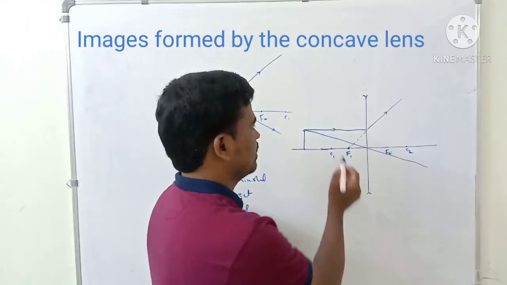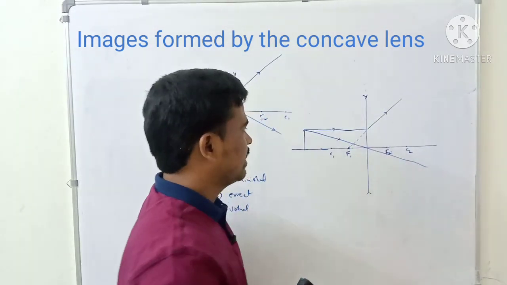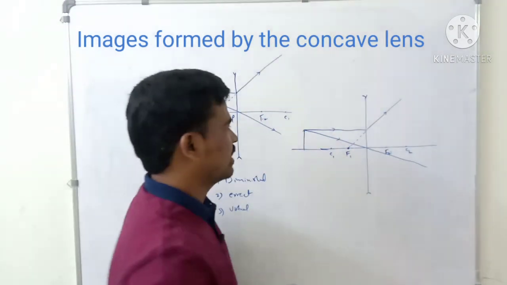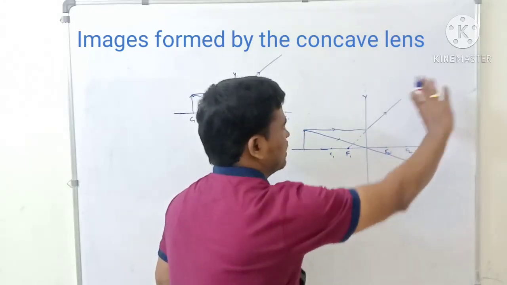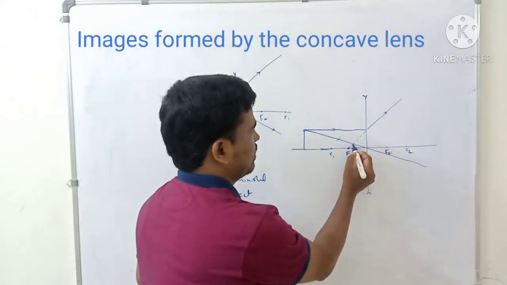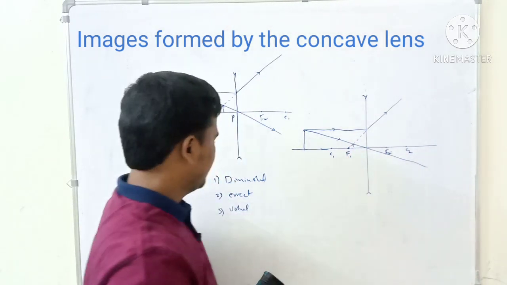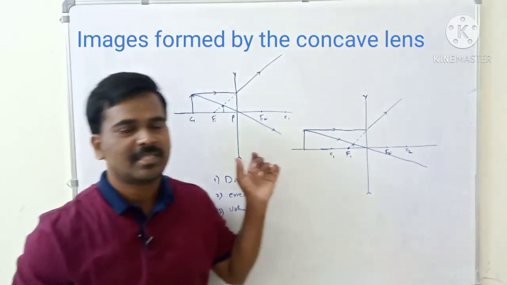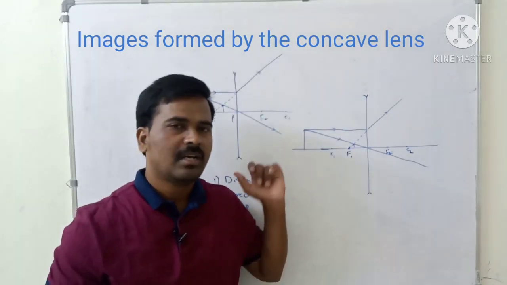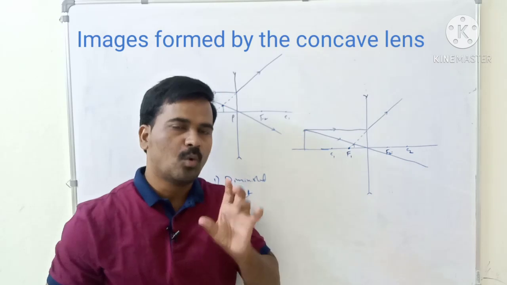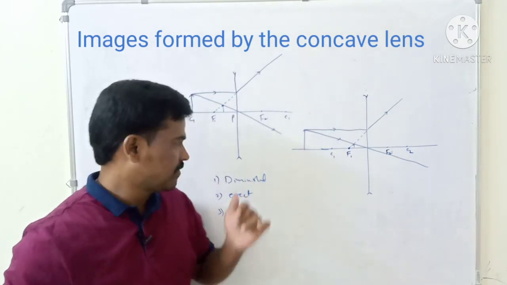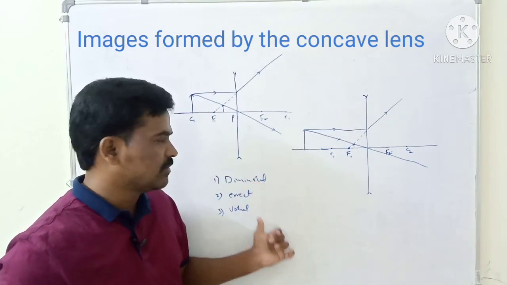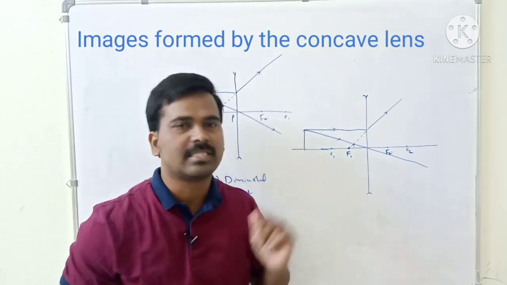It doesn't deviate. So now you understand, we get the same image. Again the rays are not going to intersect on that side, they intersect on the backward side here. So we get a diminished, erect and virtual image. Irrespective of the distance at which we keep the object, we get only one type of image by the concave lens, that is diminished, erect and virtual.